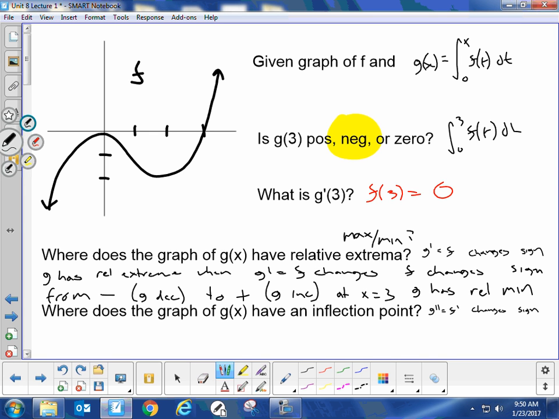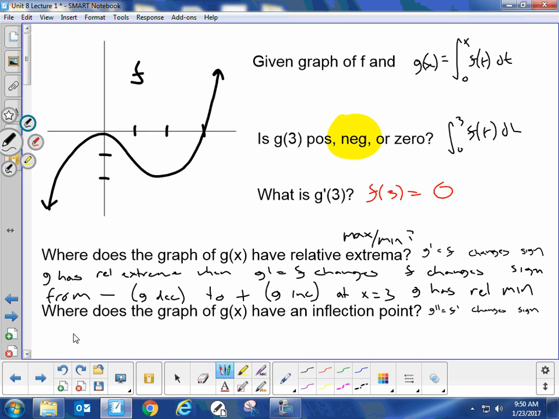What about the inflection points, Mr. Head? When F prime changes sign, so I thought it was where it changed concavity on F at 0 and 2.